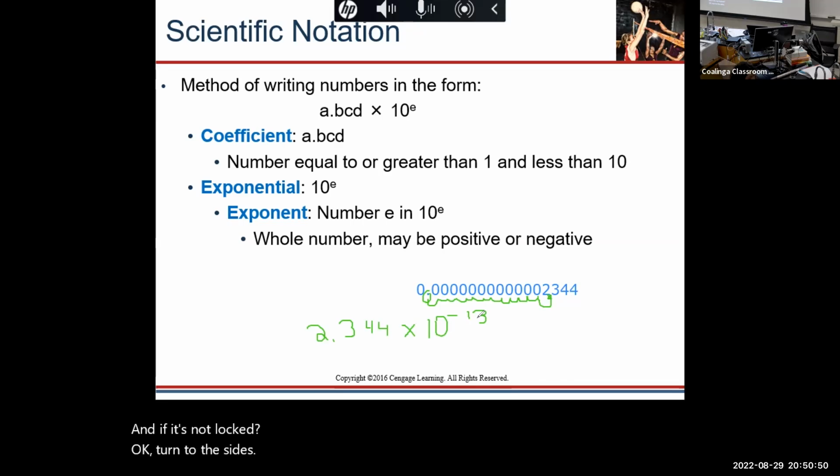So if you typed in 2.344, this here, circle it.